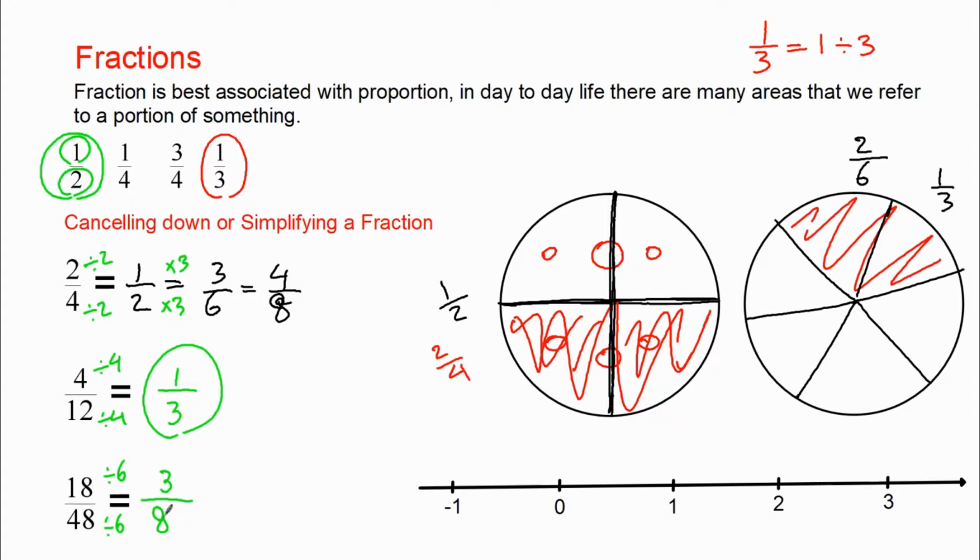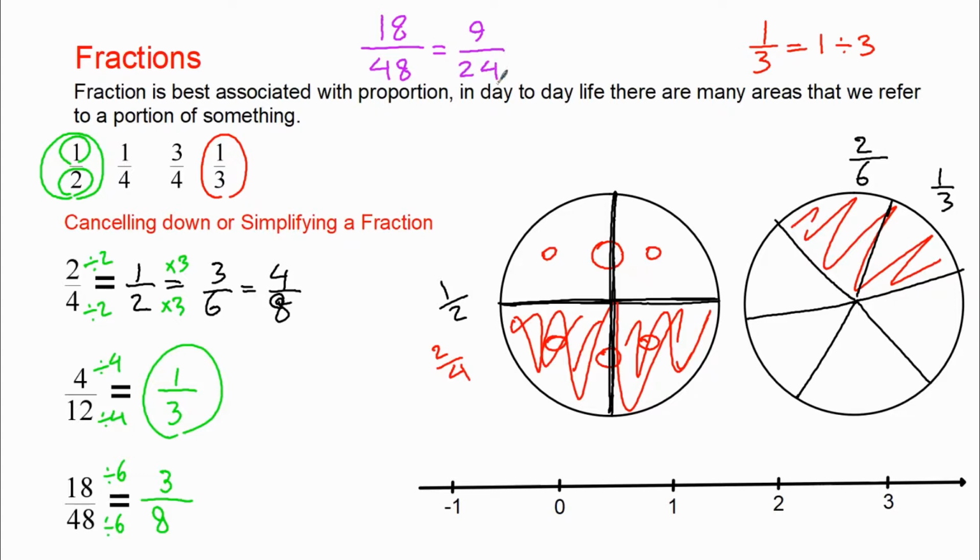But if you did not want to find the highest common factor, you can always do this in steps. So 18/48, if you don't know that you can divide it by 6, you can see that you can divide it by 2 because they are even numbers. So dividing by 2 would be 9/24.